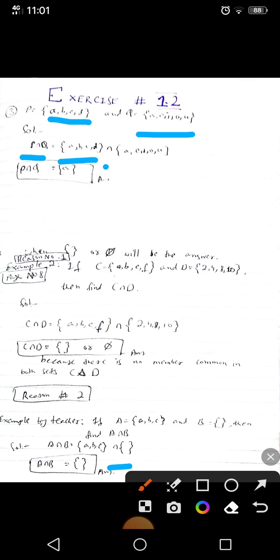Here null set is the answer as well. Why? Let me make you understand.